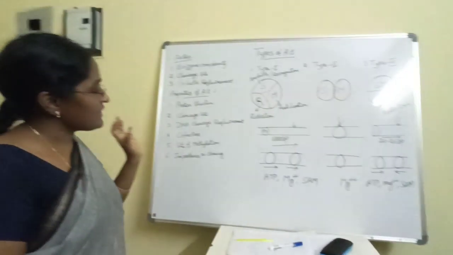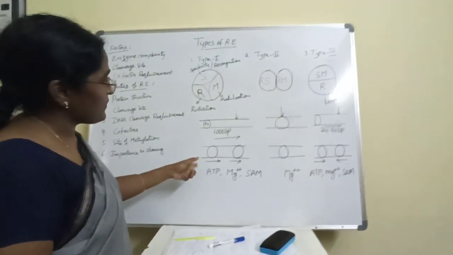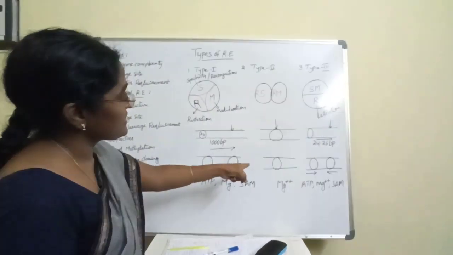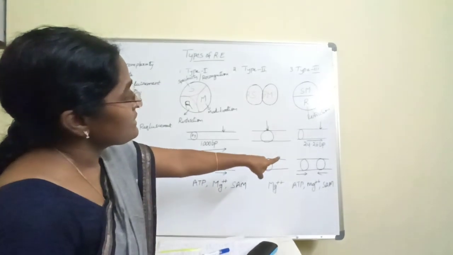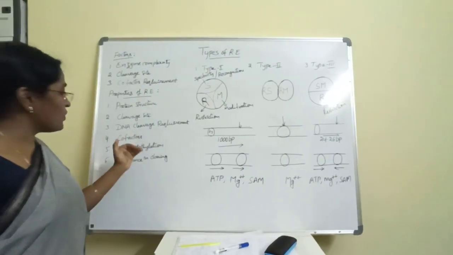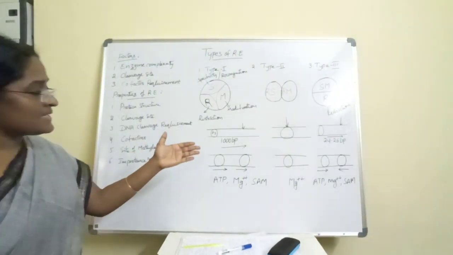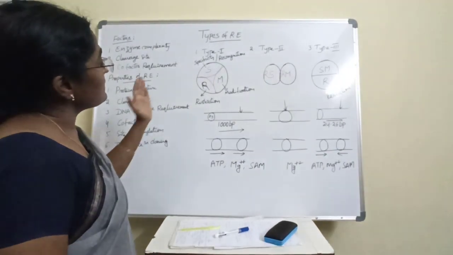For DNA cleavage requirements, 2 restriction sites are required in type 1 enzymes, only 1 restriction site in type 2 enzymes, and 2 restriction sites in type 3 enzymes. For cofactors, ATP, magnesium and SAM are required for type 1.